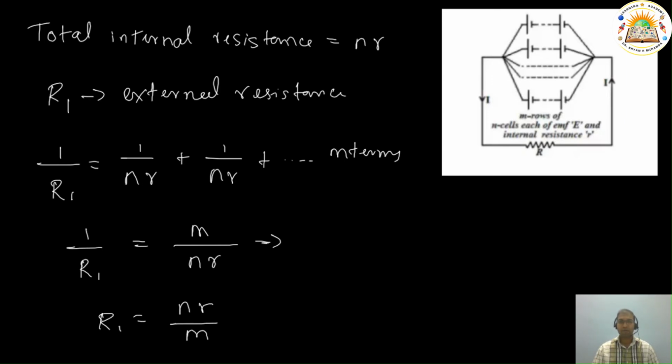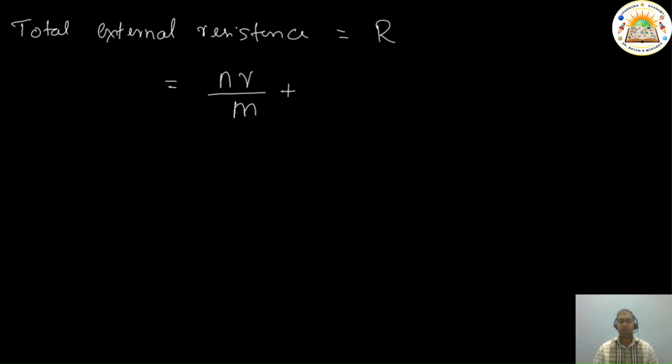So we have already seen the total EMF and the total internal resistance. Now let us look at the total external resistance. The total resistance is going to be equal to nr by m plus capital R. Now this is as per what is given in our diagram.